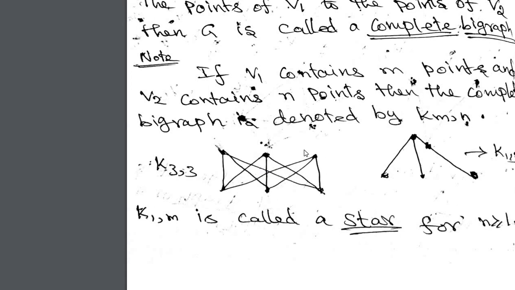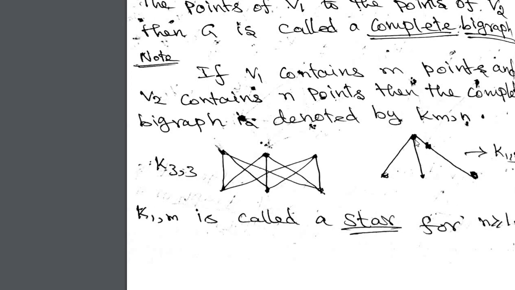But there is no line between the points within a set. Similarly in V2, there is no line joining these 3 points. These are called complete bipartite graphs: this is K3,3, and this is K1,3.